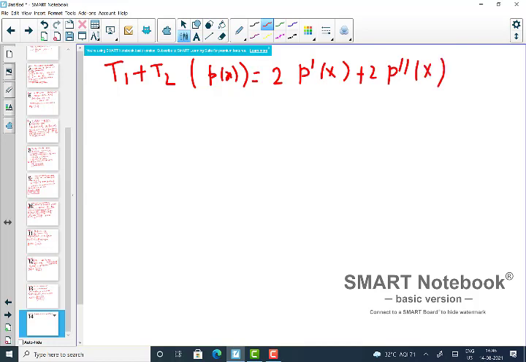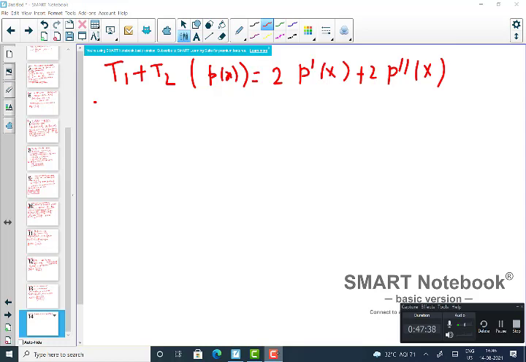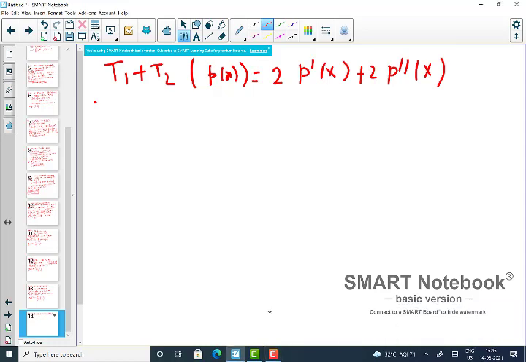You can easily calculate it. I am giving you a homework: calculate that T1 plus T2 with the same basis will be nothing but A1 plus A2.